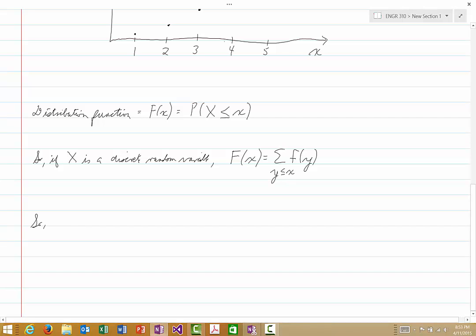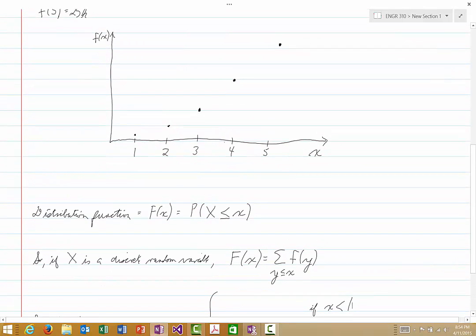We'll say, in this case, well, notice that if this little x here is strictly less than 1, then, and remember now, here are the probabilities that the random variable has each one of these values.